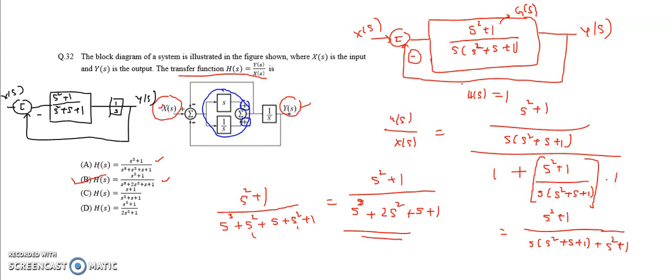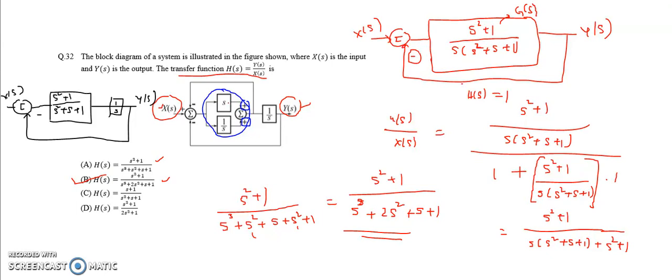So you must be clear about the block diagram reduction techniques. The technique we are following is that if the blocks are in parallel, then we have to add both these two blocks. Addition or subtraction depends upon these points. If plus is there, as I told earlier, plus s and plus 1 by s, both these two are adding here.